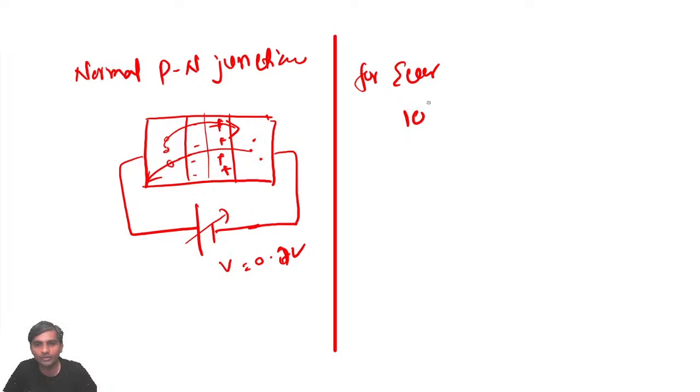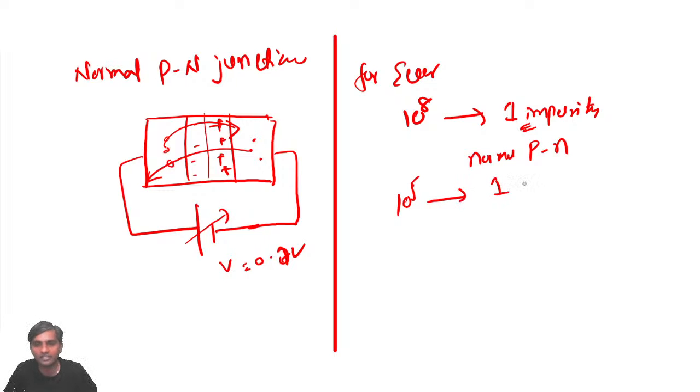for every 10 to the power of 8 atoms, one impurity atom is added for a normal PN junction diode. This is the impurity I am talking about. For every 10 to the power of 5 atoms, if one impurity is added, this is called a Zener diode.